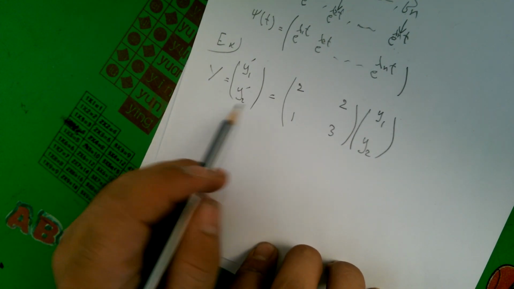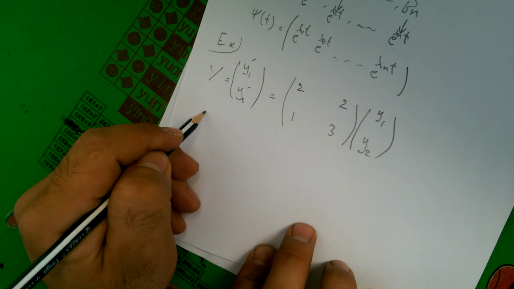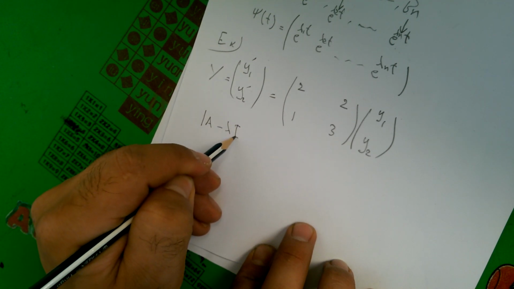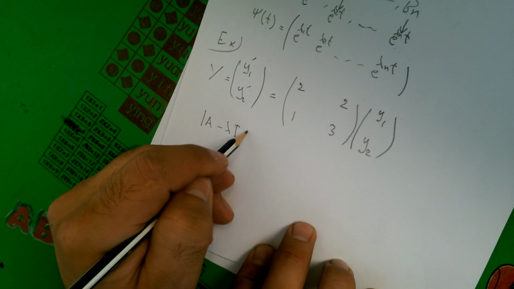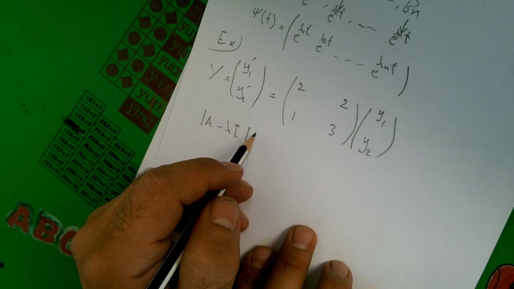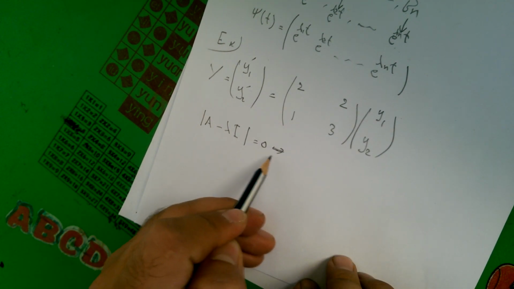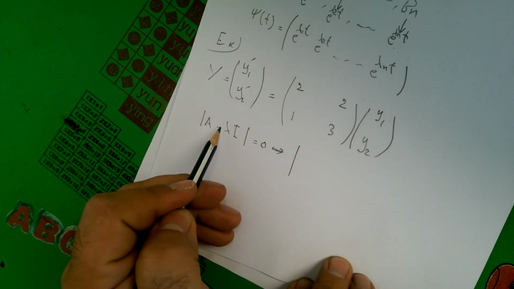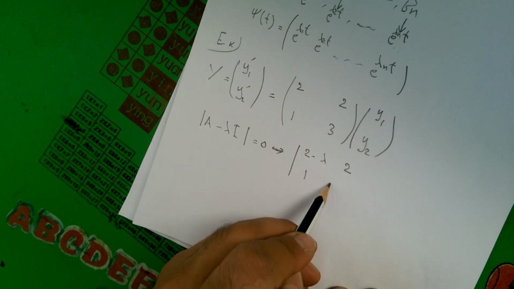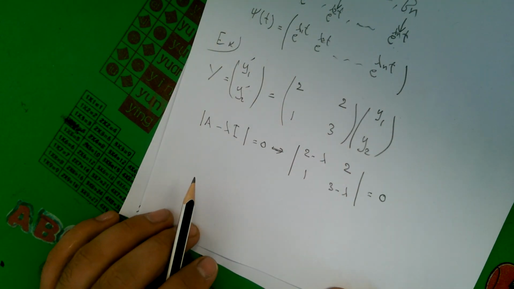Now, to find the eigenvalues, we have the determinant of A minus lambda I, where I is the identity matrix, equal to 0. It follows that the determinant of the matrix with rows (2 minus lambda, 2) and (1, 3 minus lambda) is equal to 0.